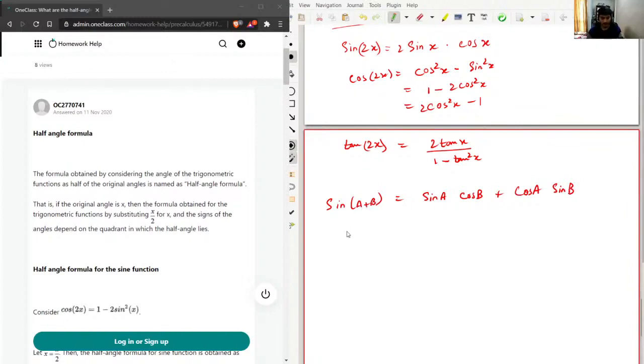That will become sine 2x. So sine of 2x will be sin x cosine x plus cosine x sin x. Now again I can say that this is nothing but 2 sine x cosine x.